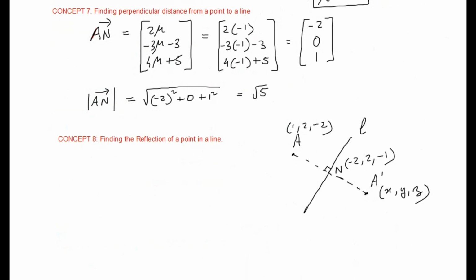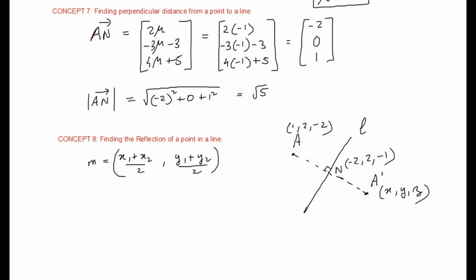Right, so then we just use the midpoint formula in coordinate geometry, which says that the midpoint between two points is x1 plus x2 by 2 and y1 plus y2 by 2.